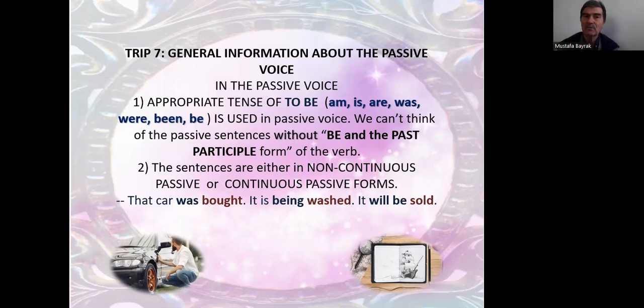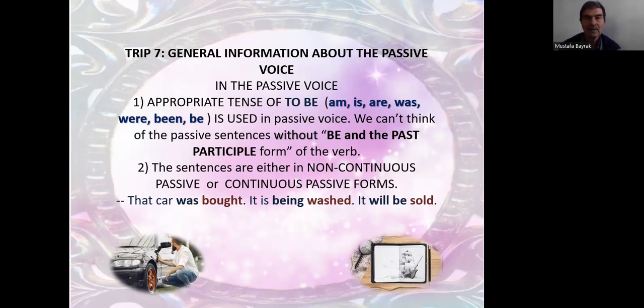We can't think of the passive sentences without be and the past participle of the verb, verb 3. For example, Alice is followed. Followed, verb 3, past participle. Alice is followed by Michael. The cat is followed by the dog.